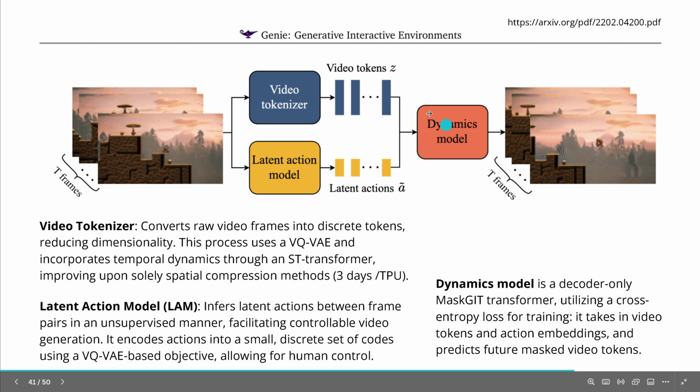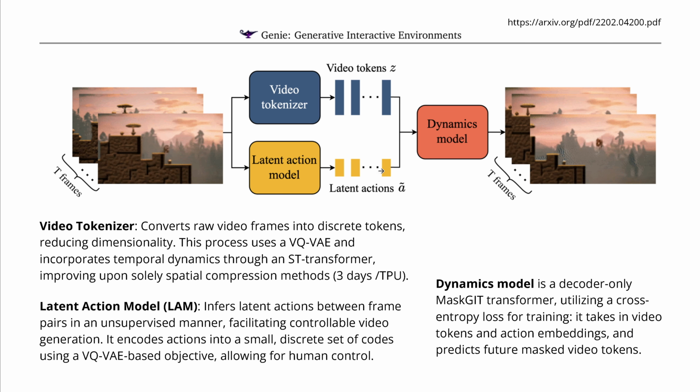So it takes in the video tokens and the action embeddings, jump, run, whatever, and predicts the future masked video tokens. Beautiful. If you have, for example, a ball and you press up, you expect that in the next video frame, the ball has a new location in your video frame, preferably on the trajectory upwards. Great. So we know how to do this with this technology.